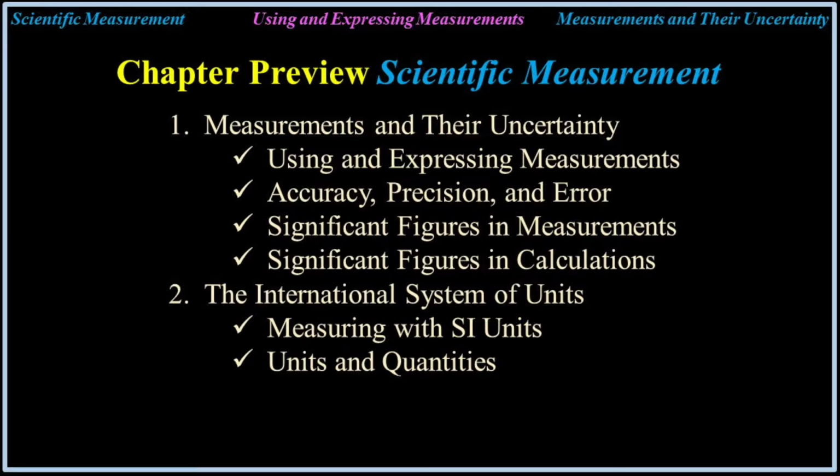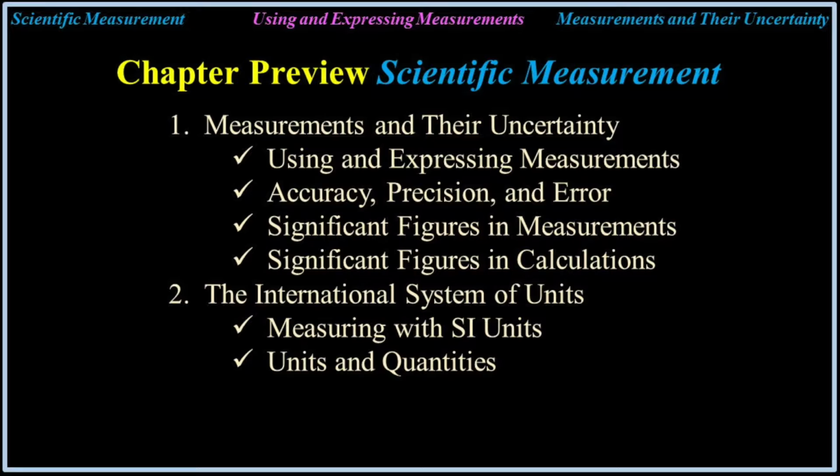Chapter preview, scientific measurement, broken into 4 sections. The first section is called measurements and their uncertainty. And there are 4 subsections: using and expressing measurements, accuracy, precision, and error, significant figures in measurements, and significant figures in calculations.